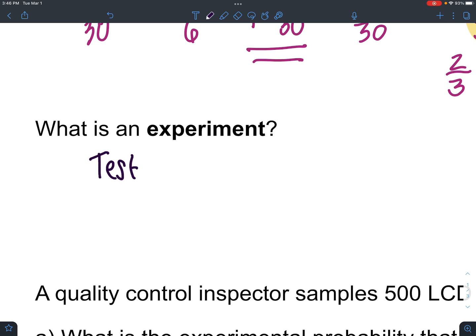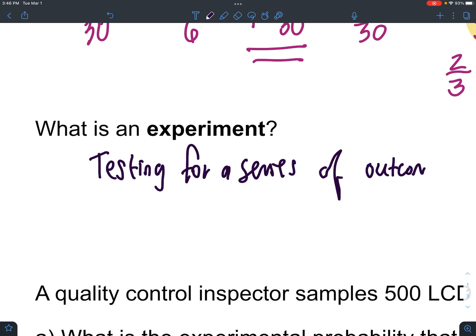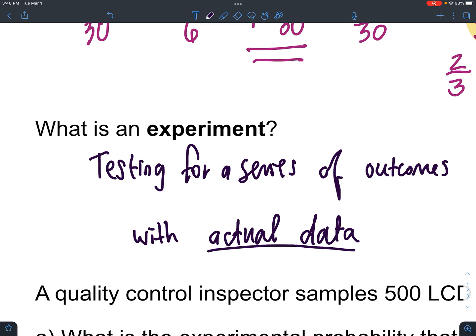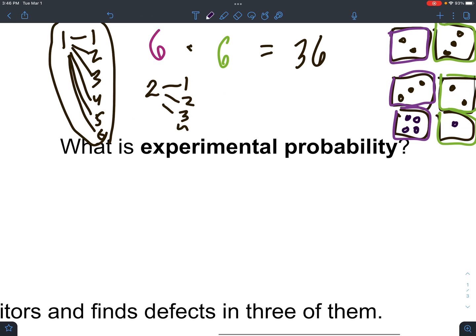So an experiment is testing for a series of outcomes with actual data. That's the key word here, with both an experiment and with experimental probability.